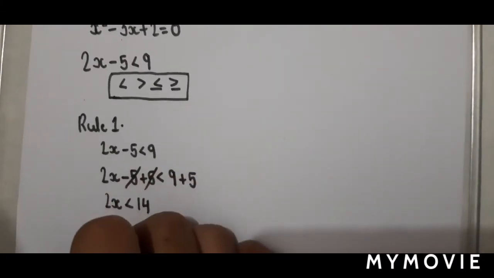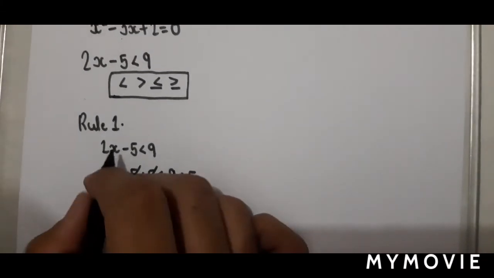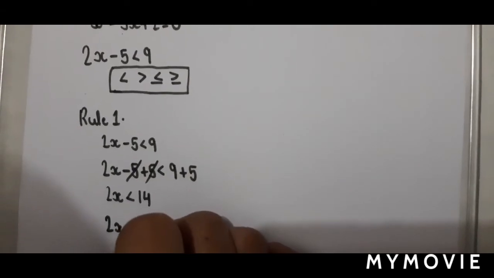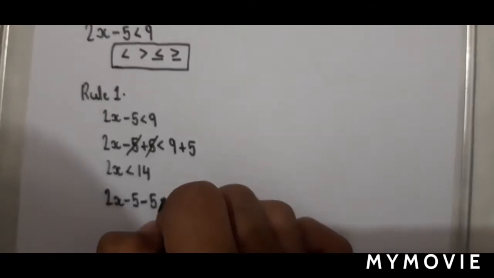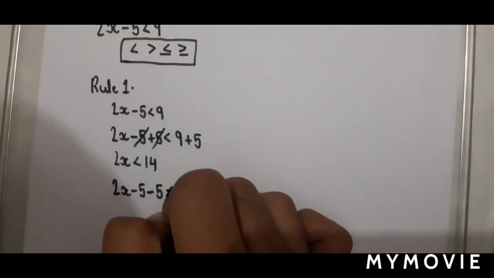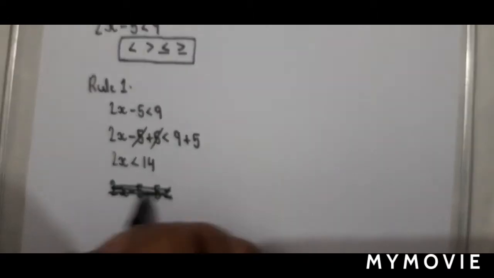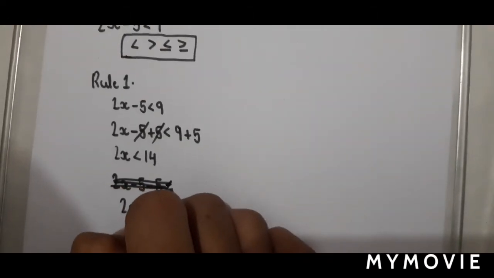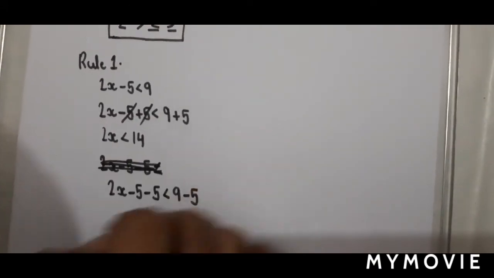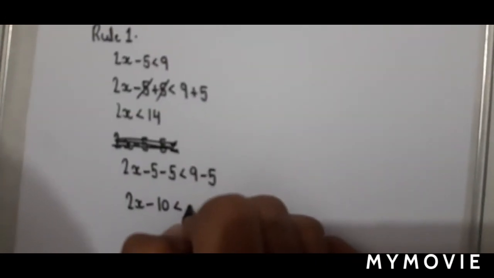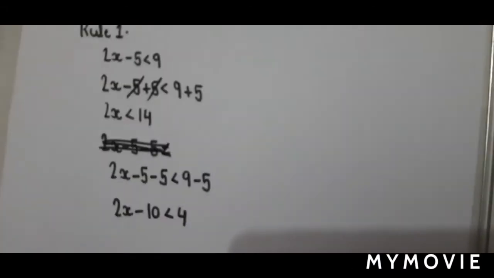If I subtract 5 on both sides, there will be no change to the sign. So 2x minus 10 and minus 5, 4. So there will be no change in the sign. This is our first rule.